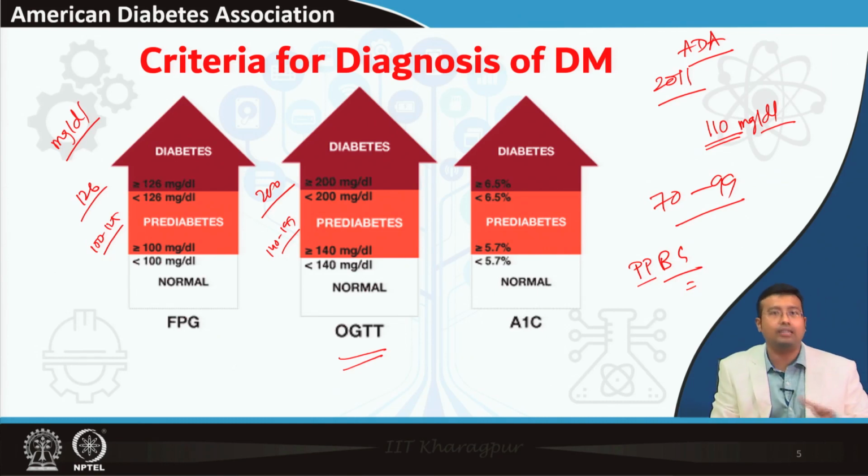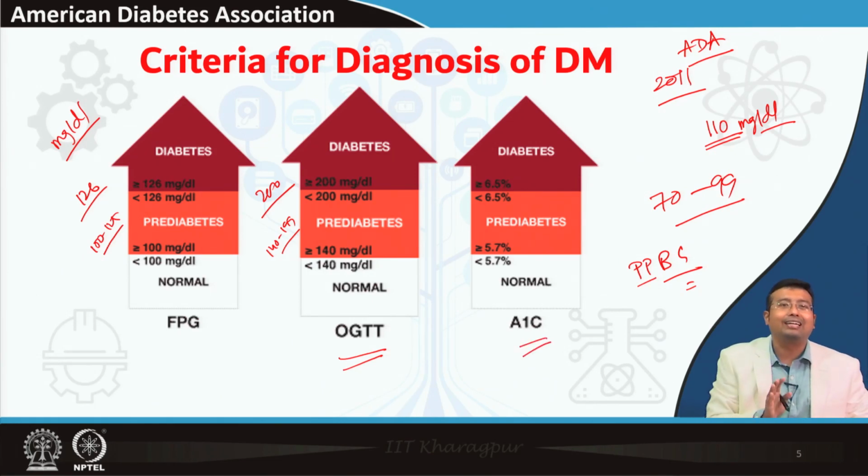One additional criteria is there, that is regarding the parameter A1C, glycated hemoglobin. We will be discussing that separately in an upcoming slide, but for now just know this, that the higher cutoff for normal is 5.7, the unit is gram percent, or gram per deciliter.